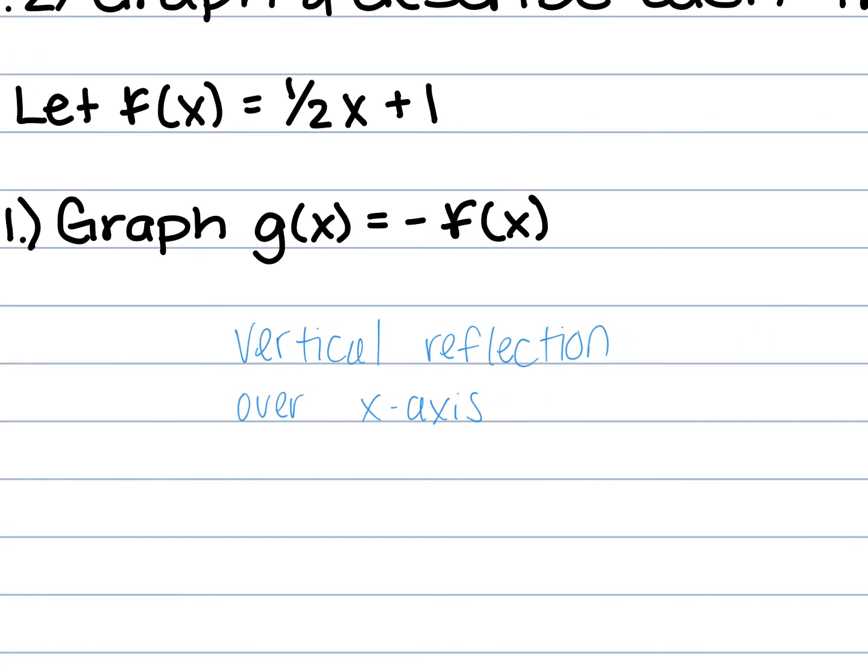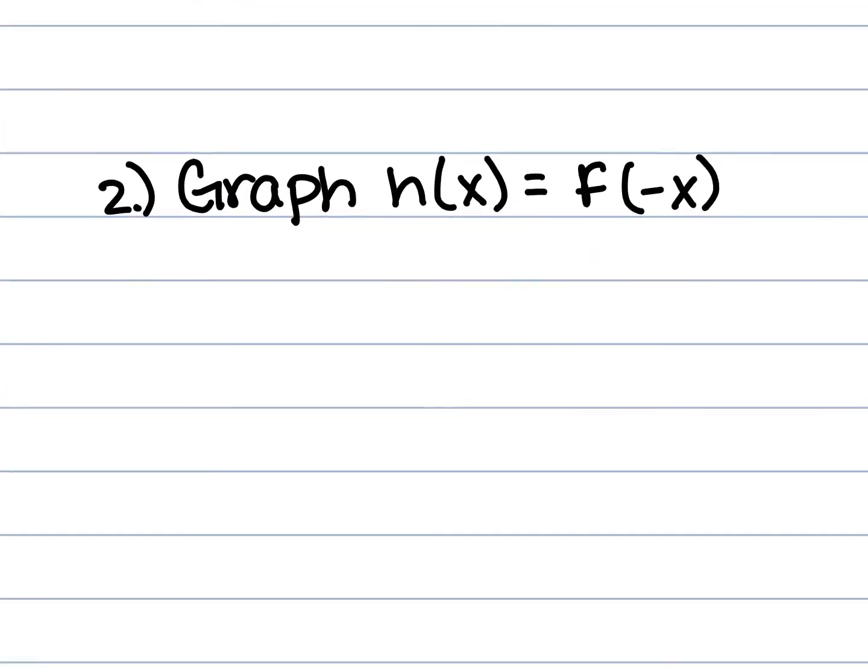So, take a look at number 2. H of x equals f of negative x. This is still a reflection, correct? But what kind of reflection? Horizontal. Because the negative is where? Inside the parentheses.